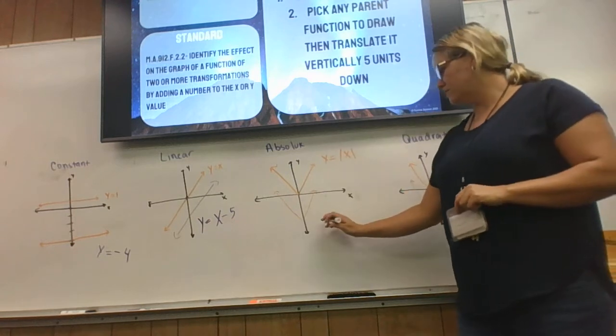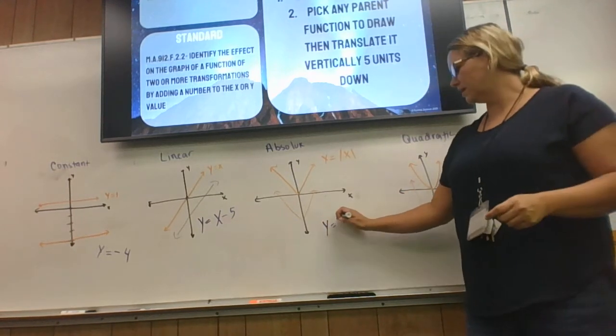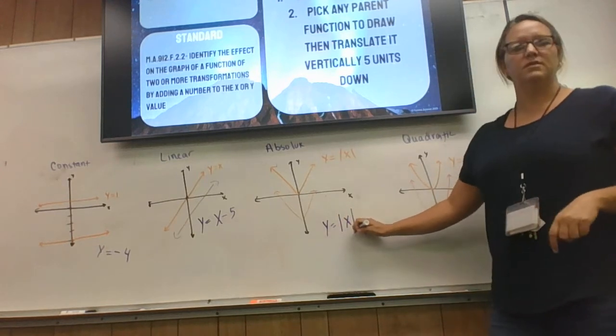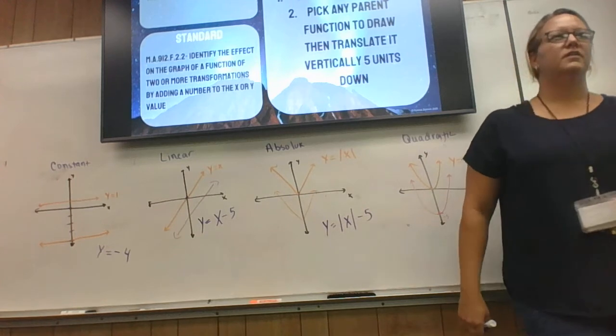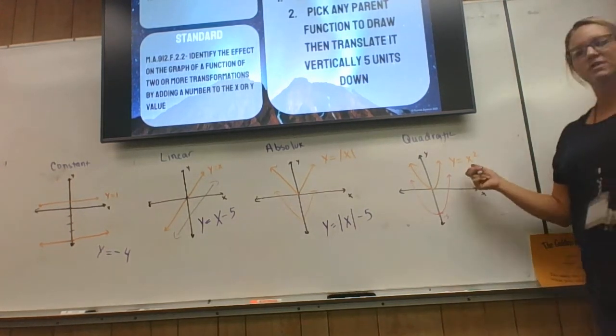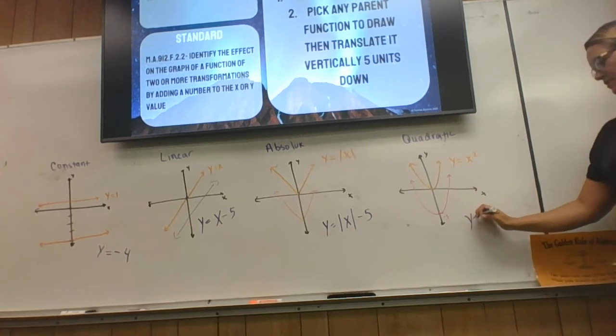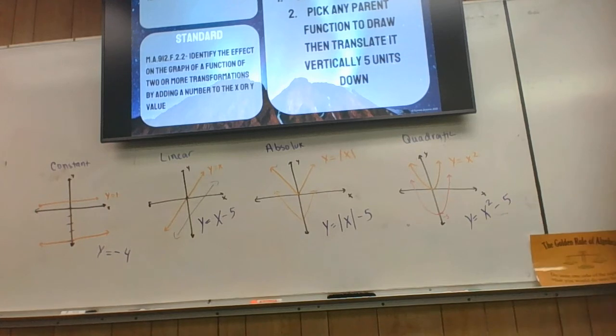What's the equation of this one? Absolute value of x. Minus 5 after it. You put a minus 5 after your equation, it's going to move it down 5. So what's the equation of this one? X squared minus 5.